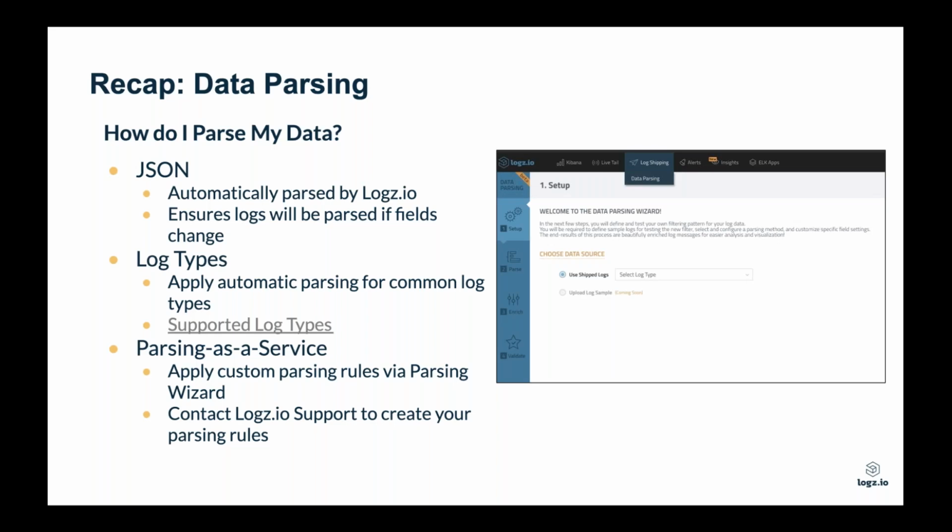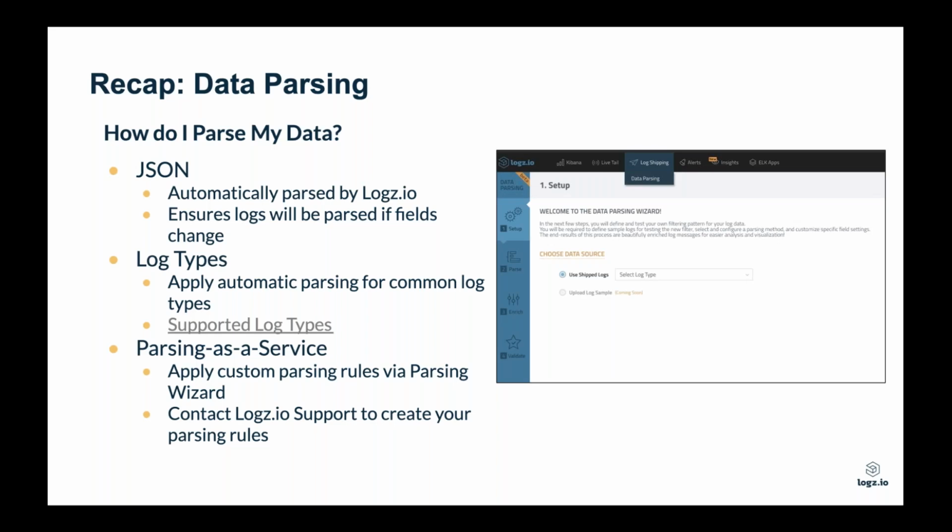For example, if you have something like an Apache access log, this is a log source that we understand how to parse into fields. If you want to see a list of supported log types, you can always find that on our log shipping page and throughout our platform. If you're going to send a unique log type, maybe a custom application log or something like that, we offer parsing as a service.